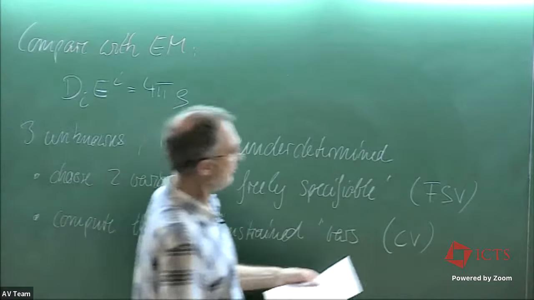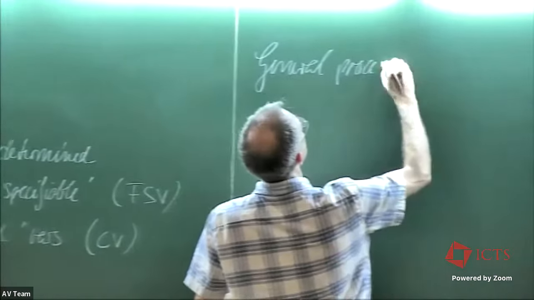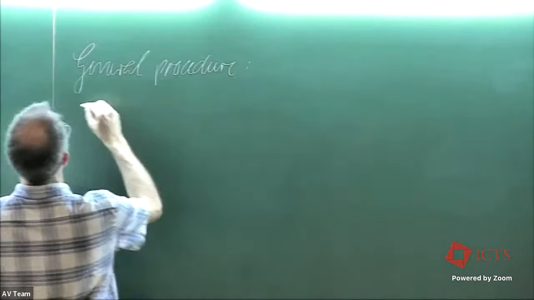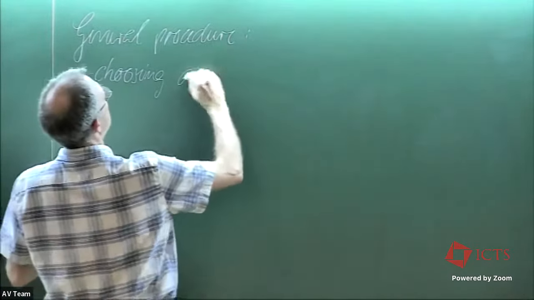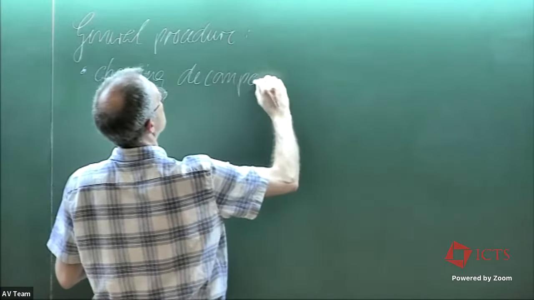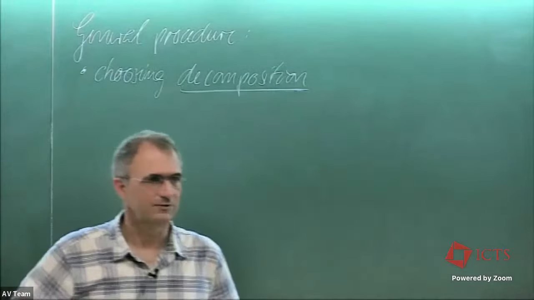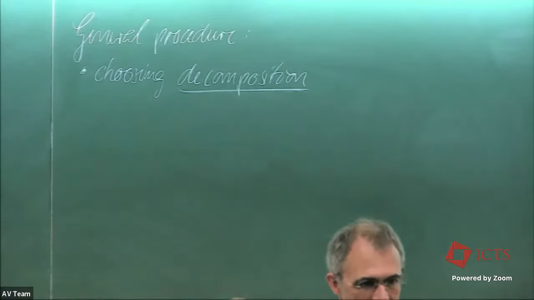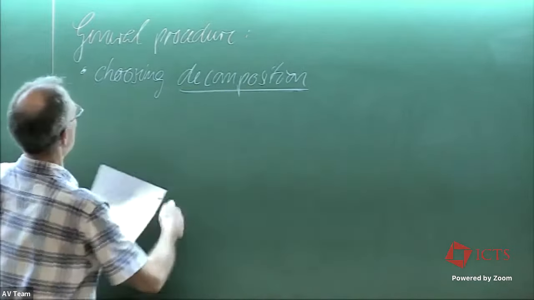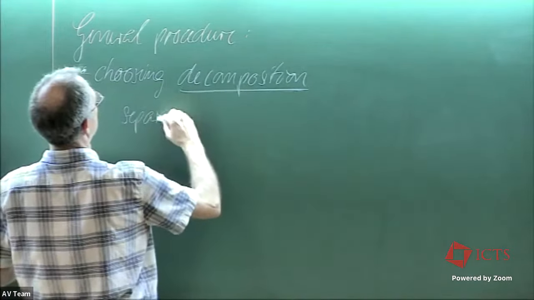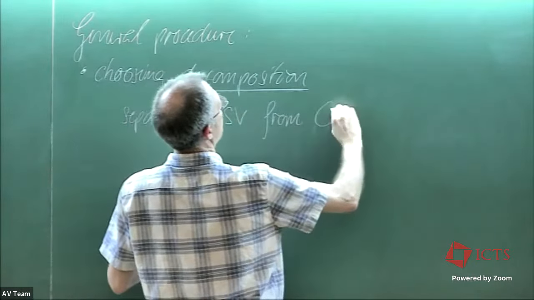Okay, so here's the general procedure. We start by choosing what we refer to as the decomposition, which should not be confused with the 3+1 decomposition that we talked about the last 2 days. This is now a decomposition of the constraint equations. What we mean by that is that we separate the freely specifiable variables from the constraint variables.